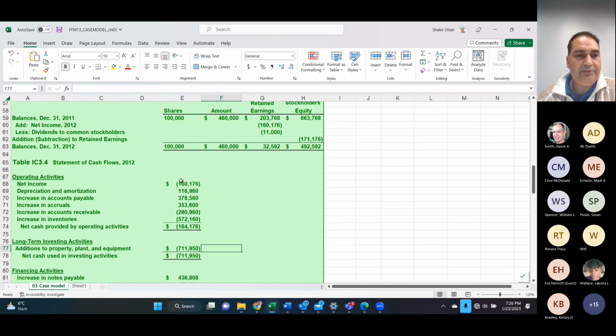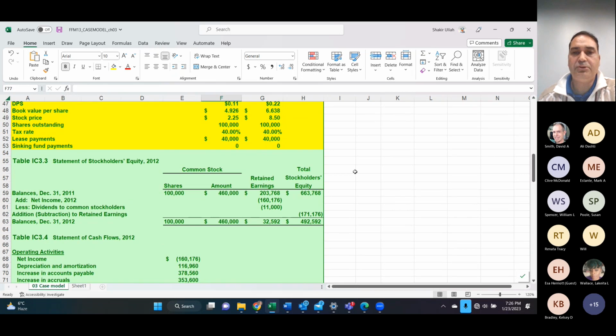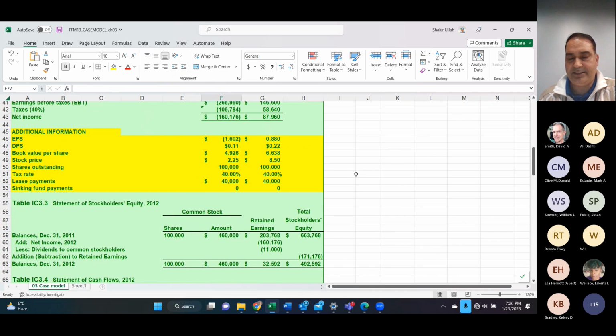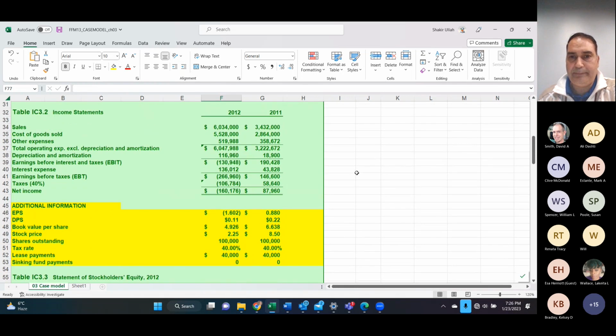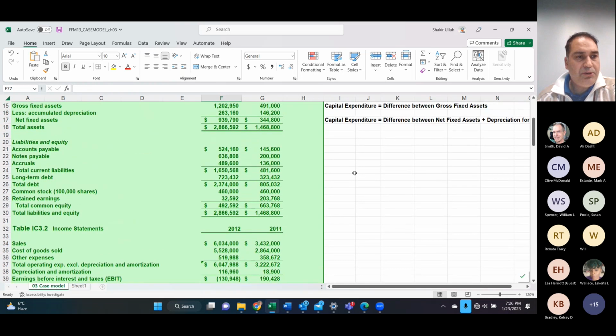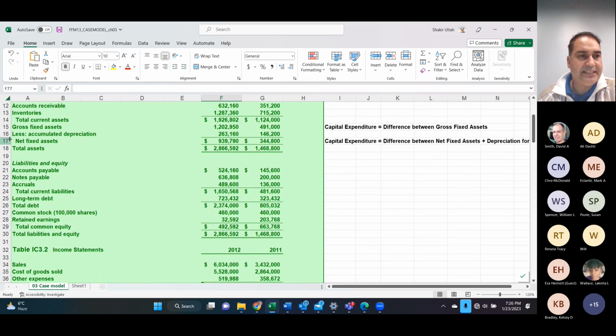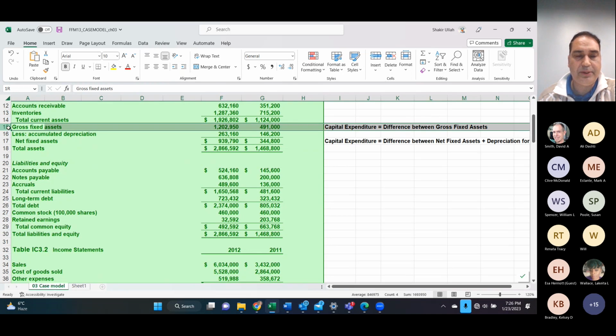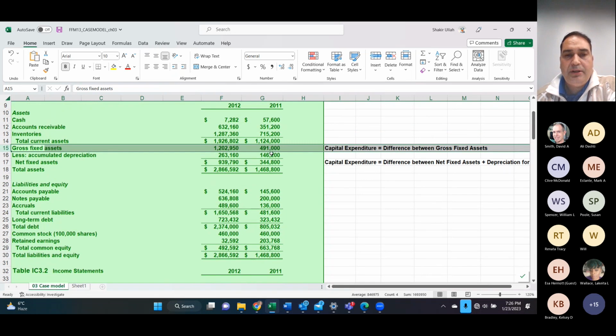But in your assignments, you haven't got the cash flow statement. So you have to go another way to find this number. Now, how do you do that? If you have the gross fixed assets, which we have over here, we have those for the 2 years. You can see that last year, our fixed assets were 491,000, and this year, these are about 1.2 million, which means we have increased our gross fixed assets.